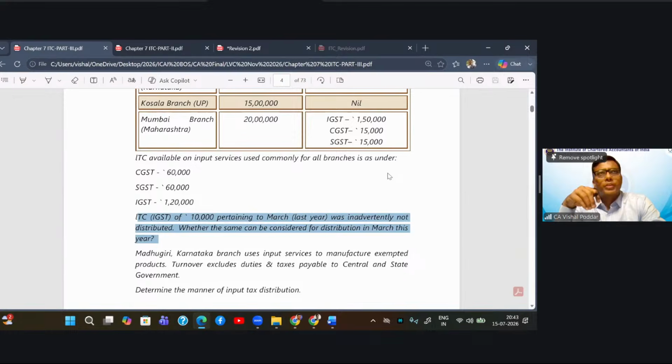The reason is, students, that the law for ISD is very strict. It says that you have to distribute the credit in the same month in which the credit has been received. So if credit is received in some earlier month, you cannot distribute it in a future month, which is not allowed at all. Correct?